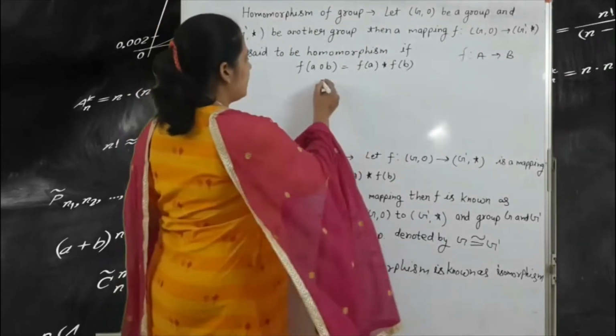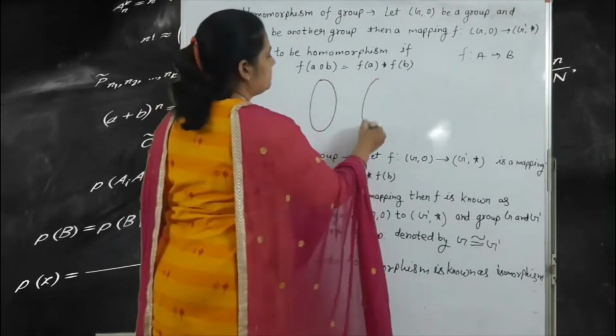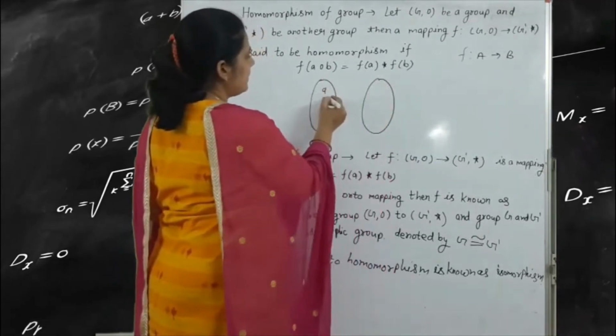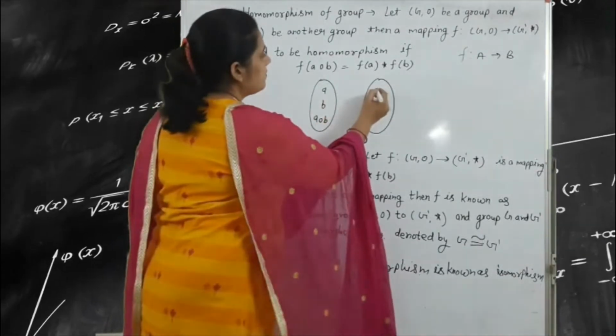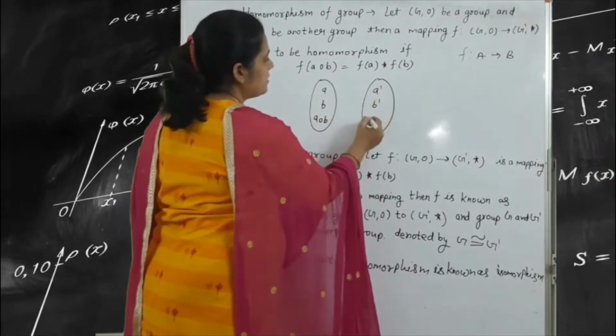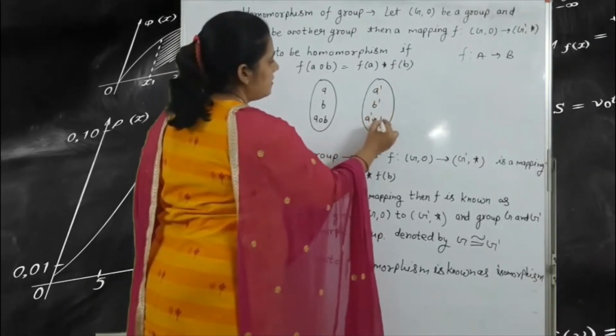If we find the mapping here, we write A, B, A O B, and here A dash, B dash, A dash star B dash.